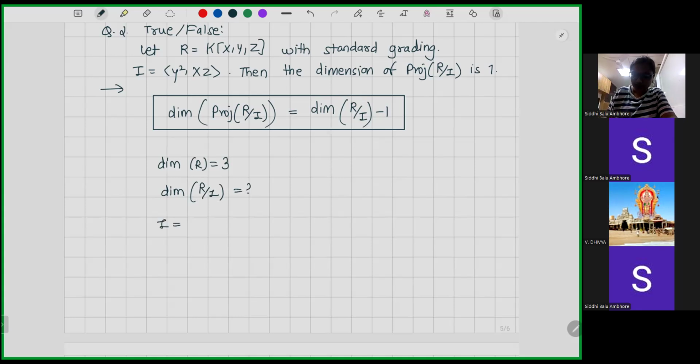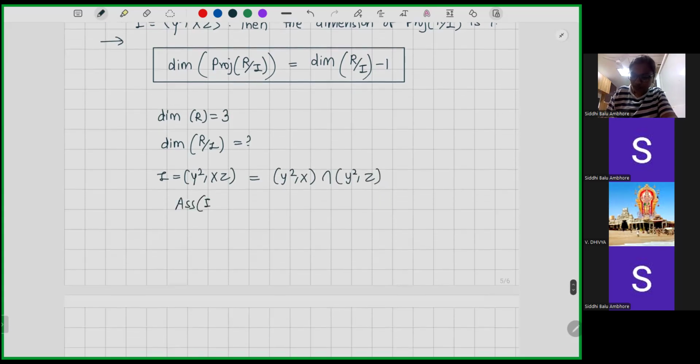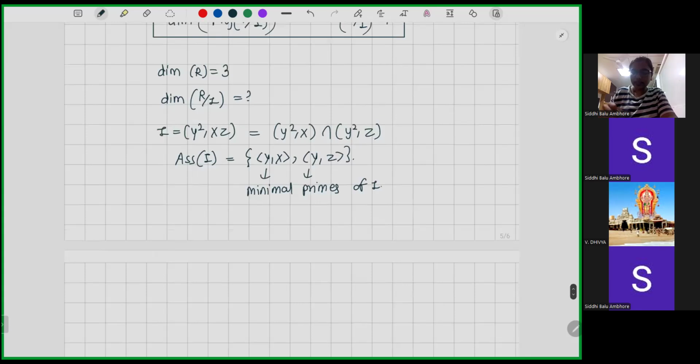So I is (y squared, xz). So it is (y, x) intersection (y squared, z). So the associated primes of I are (y, x) and (y, z). And these are also minimal primes of I. And any ideal which is maximal over this will be of this form.